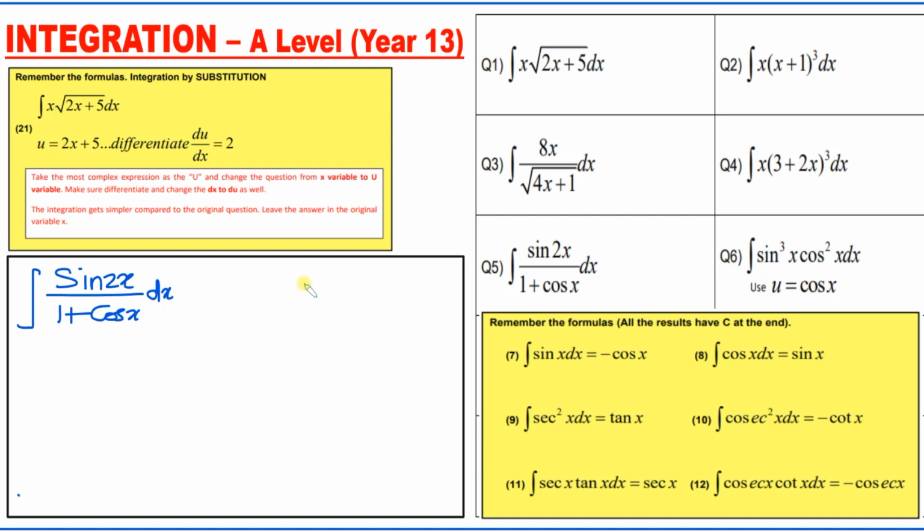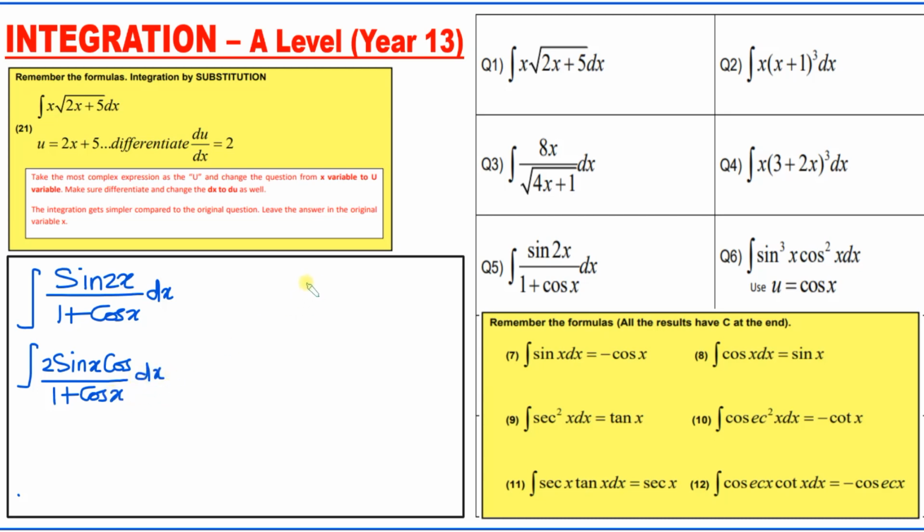So I'm going to write sine 2x as 2 sine x cos x, and leave the 1 plus cos x as the denominator, right?